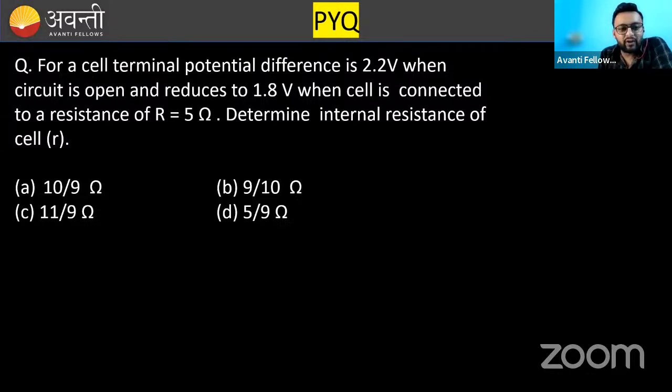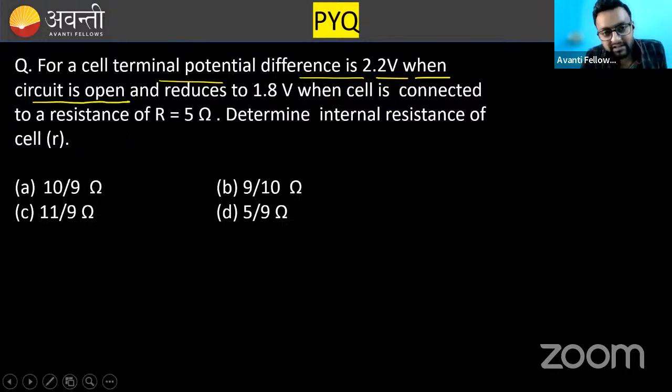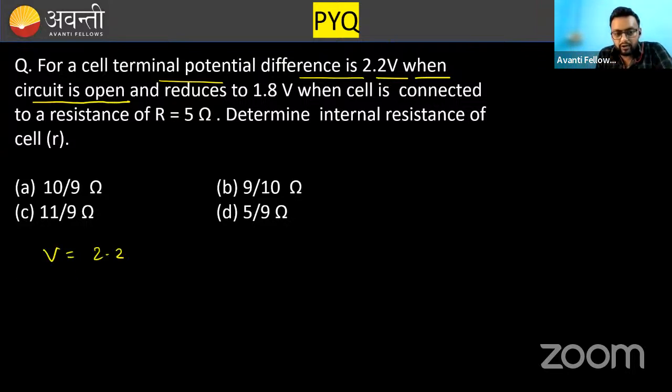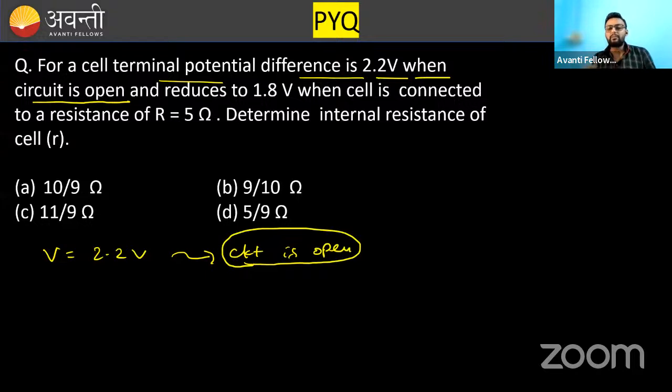So the question says, for a cell, terminal potential difference is 2.2 volt. Listen to me very carefully. When the circuit is open. Now identify this statement. What is the purpose of this line? Terminal potential, they are saying how you represent terminal potential. The representation of terminal potential is with V. So V is equal to 2.2 volt when the circuit is open. Now, as soon as I add this statement that the circuit is open, what does it mean?